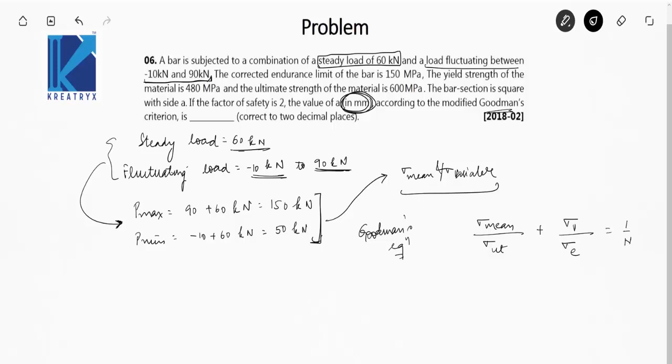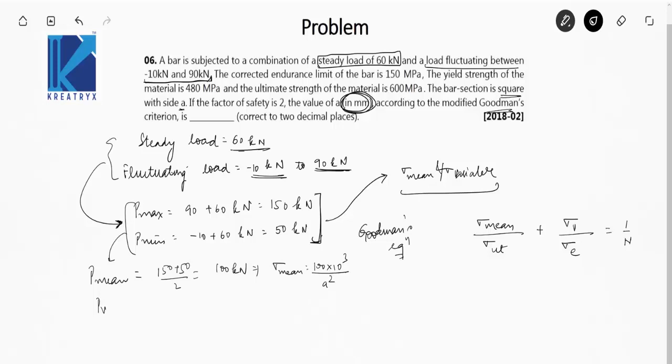Now we can find out mean load and variable load from this data. Mean load will be equal to 150 plus 50 upon 2, this will be 200 upon 2, that is 100 kilonewton, and this gives me the mean stress equal to 100 into 10 raised to power 3 Newton upon area, it is a square cross section with side A, so area is A square.